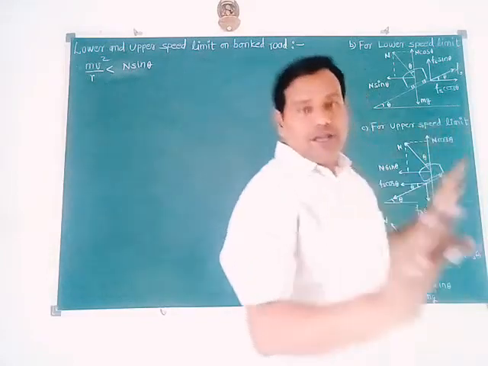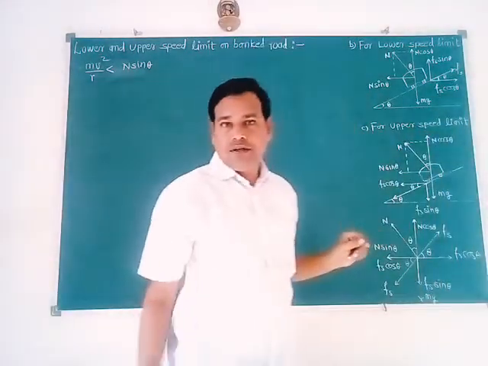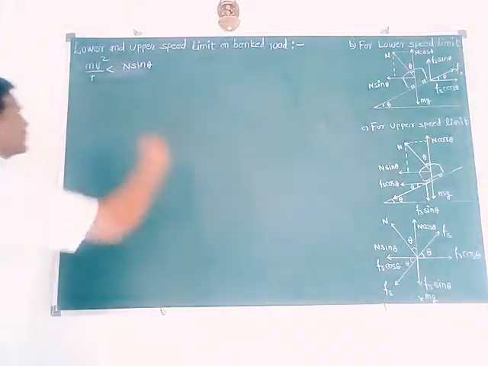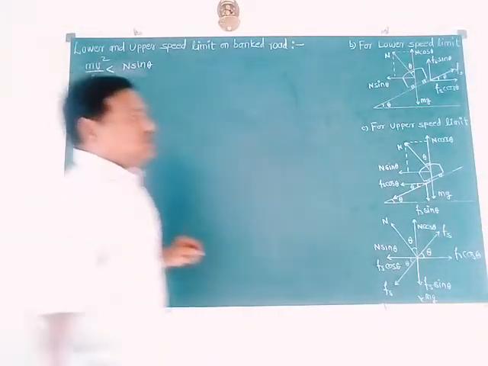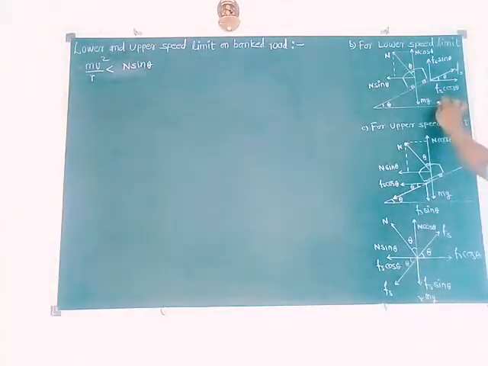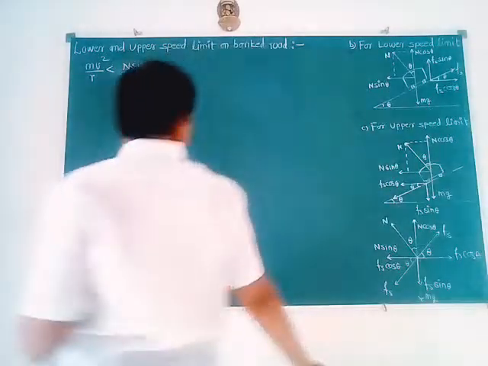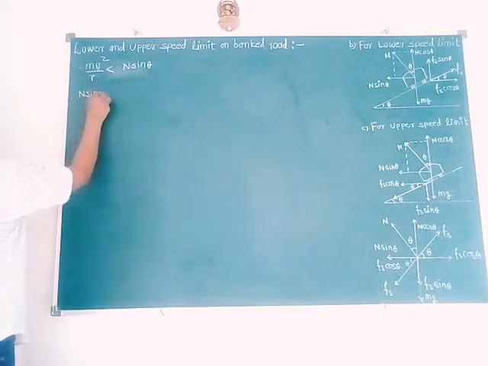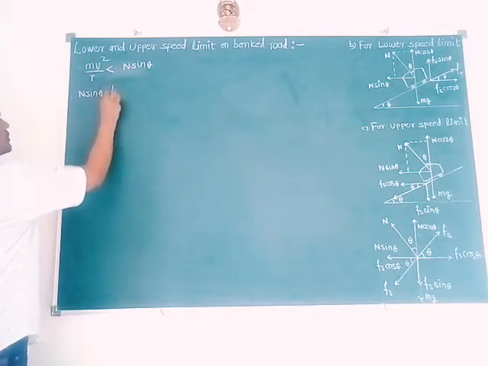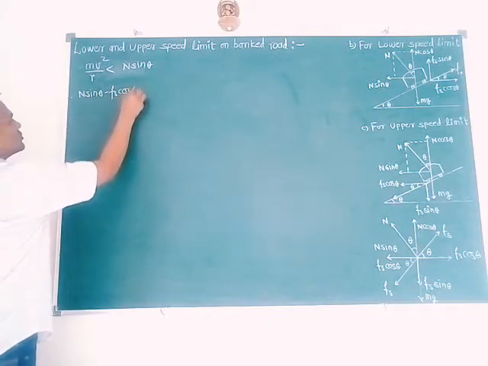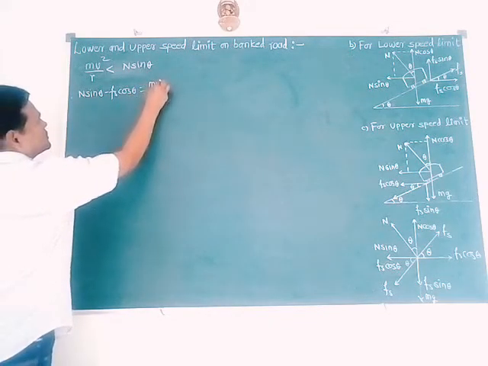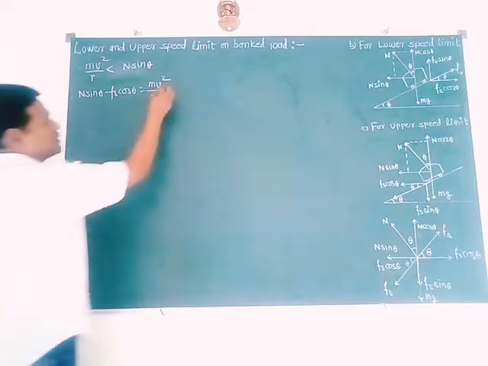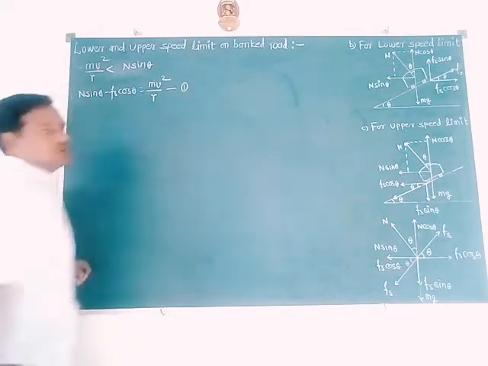So we can now write the relations for the lower speed limit: n sin theta and f cos theta are in opposite directions. So the centripetal force is provided by n sin of theta minus Fs cos of theta, which provides v square upon r, the necessary centripetal force. Consider this as equation number 1.